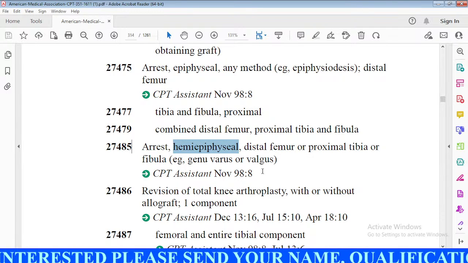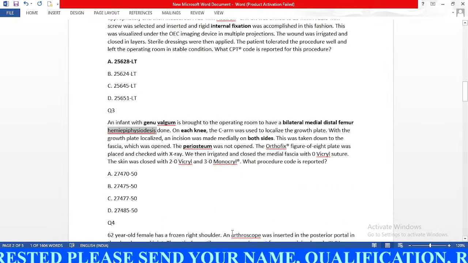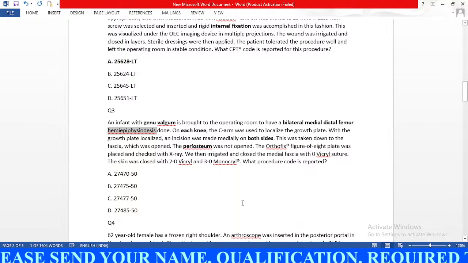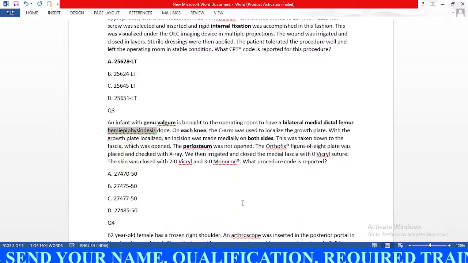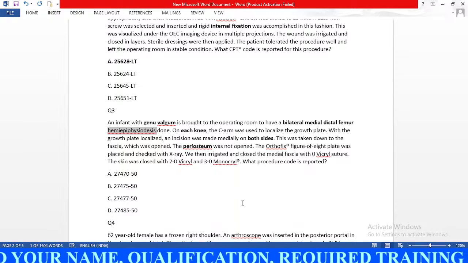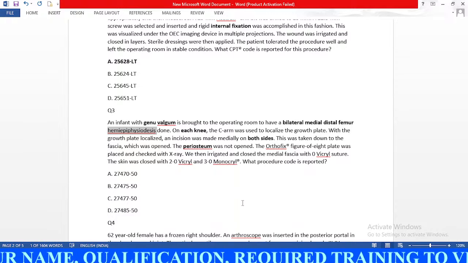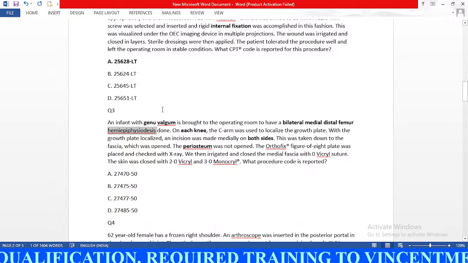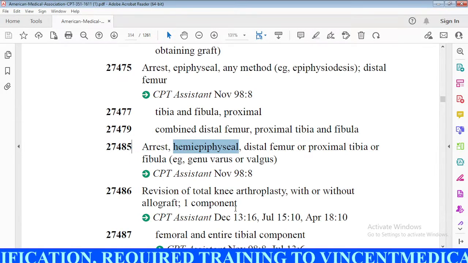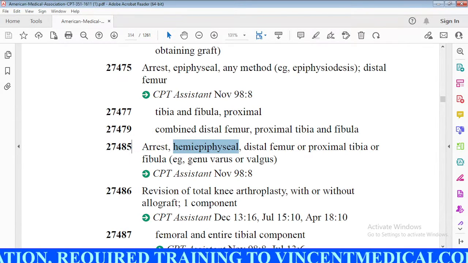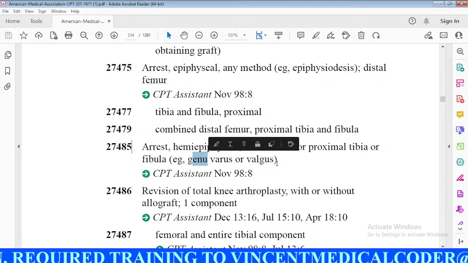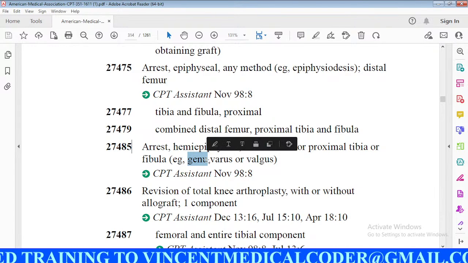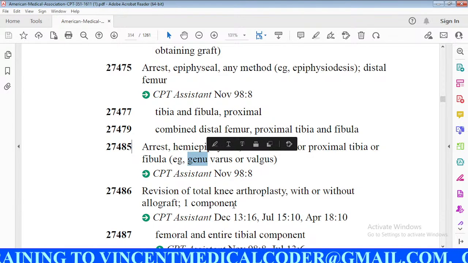As I told you before in the previous sessions, based on the ICD or condition also you can find the CPT procedure. So if you are ever confused with the procedure, you can check with the condition also. In this situation, genu valgum is basically a condition, but if you find genu, you can find this answer. So you need to understand this: using the condition also you can find the answer.